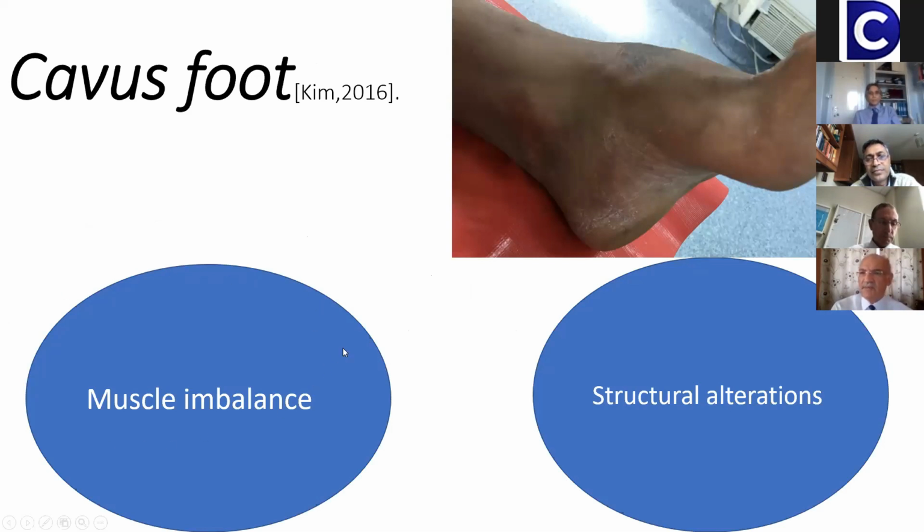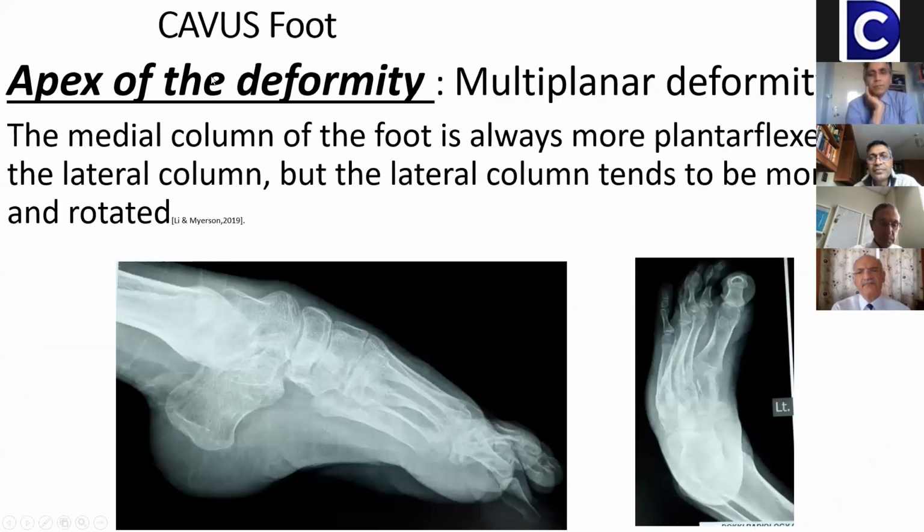Sometimes you have dynamic deformities, so you can see the deformity while the patient is walking, but during rest, you can see nothing. Sometimes it's not just a foot deformity, you also have claw-toe deformities, and you have drop of the first metatarsal. So sometimes it's more complicated than you imagine.